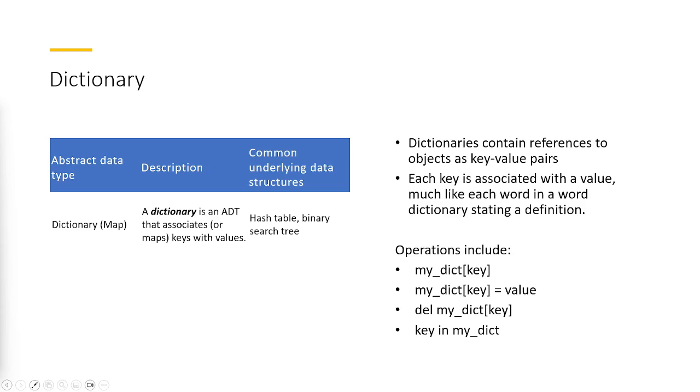And then the last ADT that we'll talk about is the dictionary. Dictionary associates or maps, if you will, keys with values. Just like a printed dictionary, the key is the word, whereas the value is the definition. This works great with a hash table or a binary search tree.